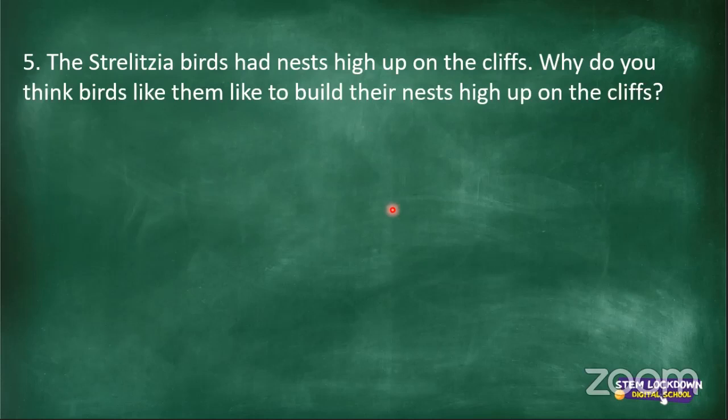Why do you think birds like to build their nests high up on the cliffs? Why would the nest be high up? You guys know? Think what will happen if the birds were down here? What would the other animals do to it?